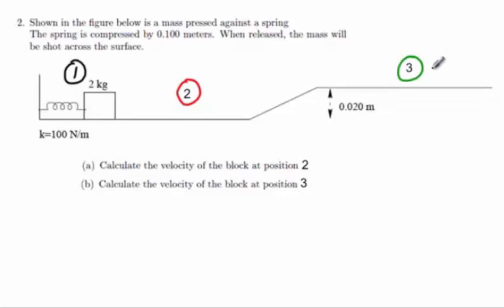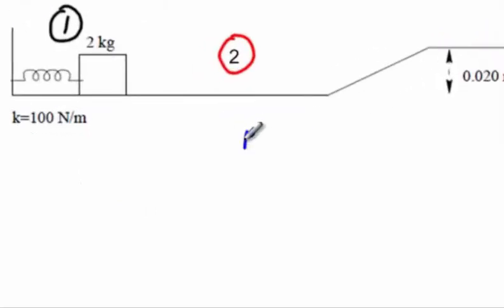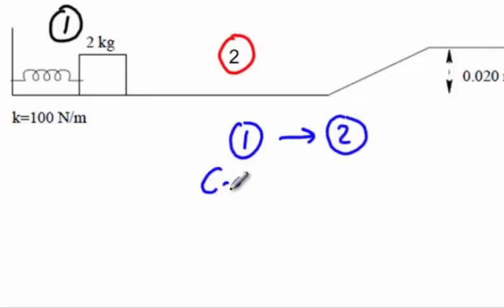So what we will need to be doing is connecting the moments through the appropriate energy law. In this particular problem, since there is no mention of friction, we will assume that all surfaces are frictionless, and therefore our solution will be of the form in which we conserve energy. Since our moments are nicely defined, we decide to connect moment 1 to moment 2, and the principle by which we connect the two moments is conservation of energy.